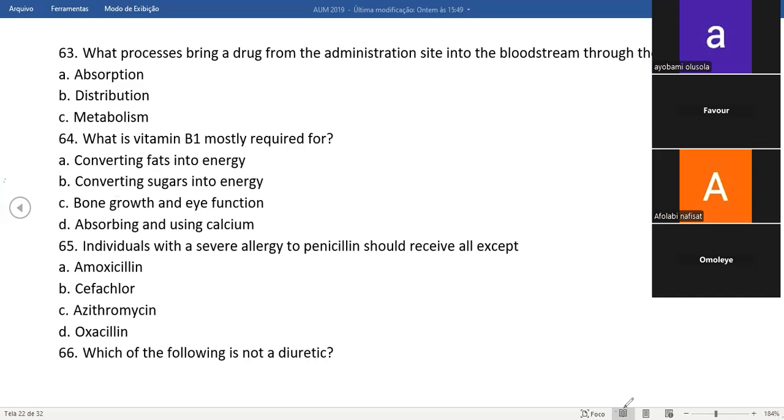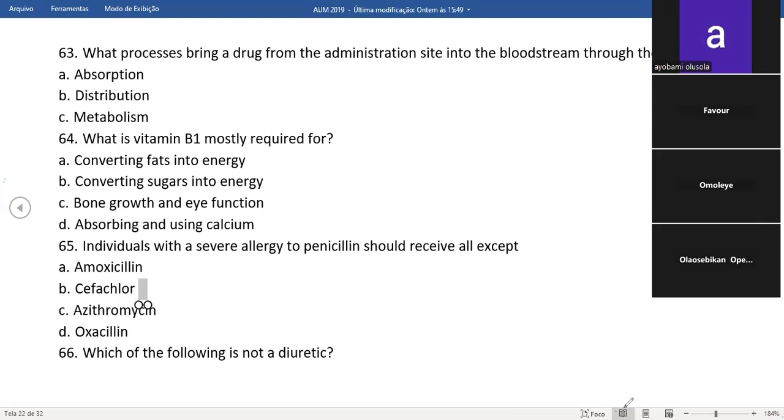What's the answer to 65? B. Cefaclor. No, sorry. C. Oh, what am I saying, sir? The question is not correct. Because individuals with a severe allergy to penicillin should receive all except, they cannot receive amoxicillin.